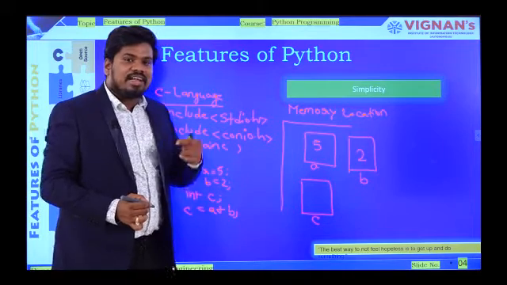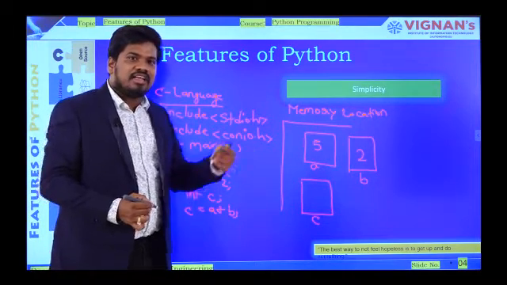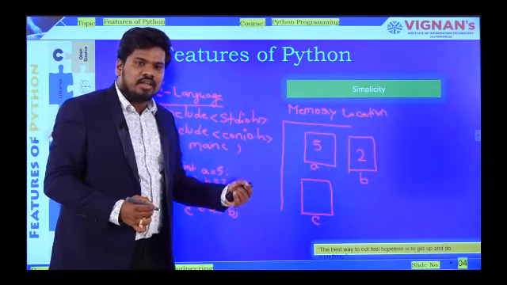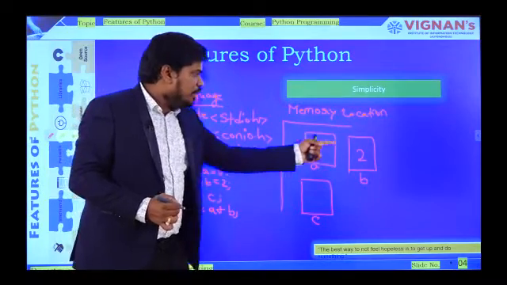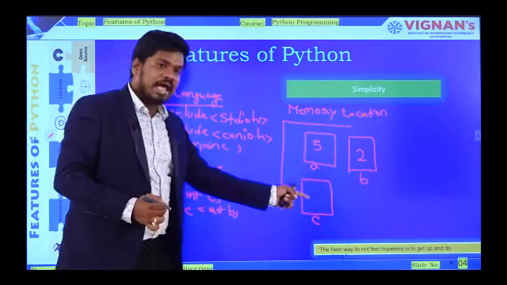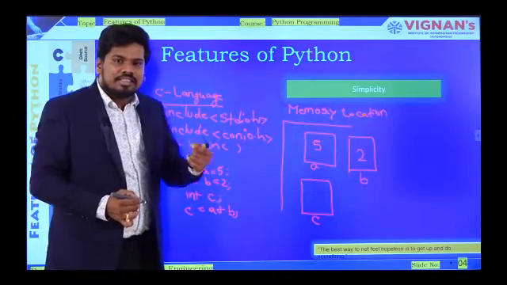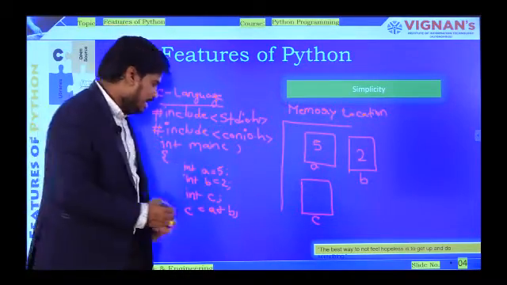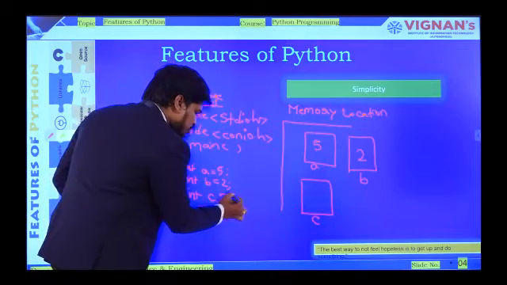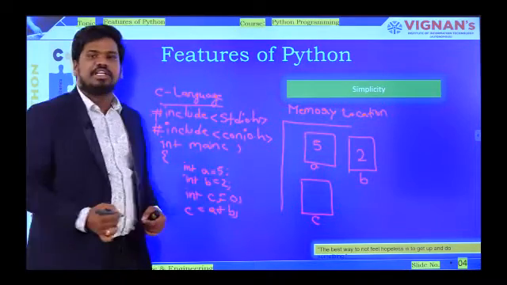Whenever I am adding something, if there is a garbage value inside C, then the addition of 5 and 2 will be added to my garbage value. In order to avoid these circumstances, I will write int C is equal to 0, assigning the value 0.